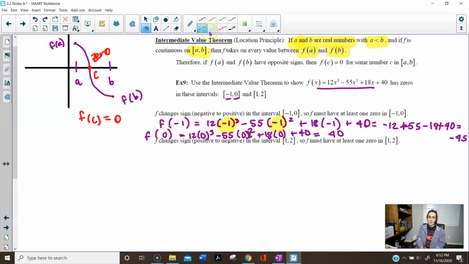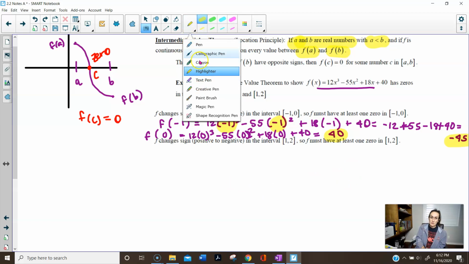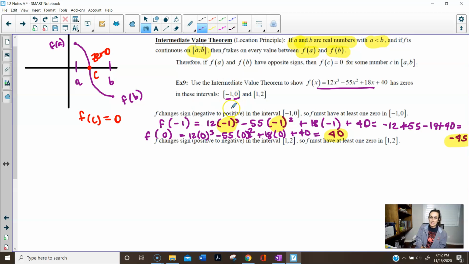And what you can note here is that we went from a negative to a positive, which means that yes, there has to be a zero between -1 and 0. So because we have a sign change, yes, there's a zero.